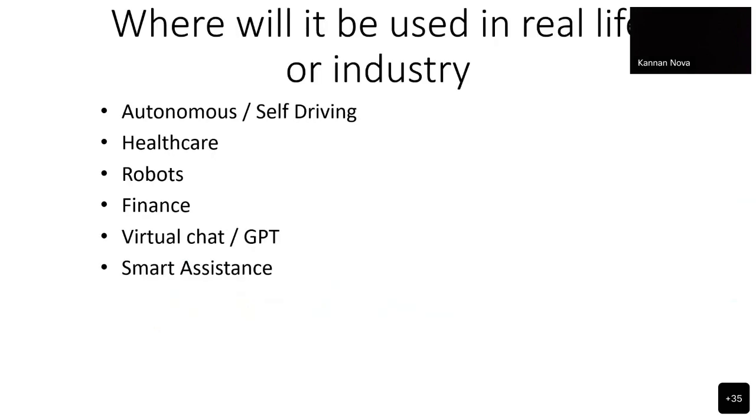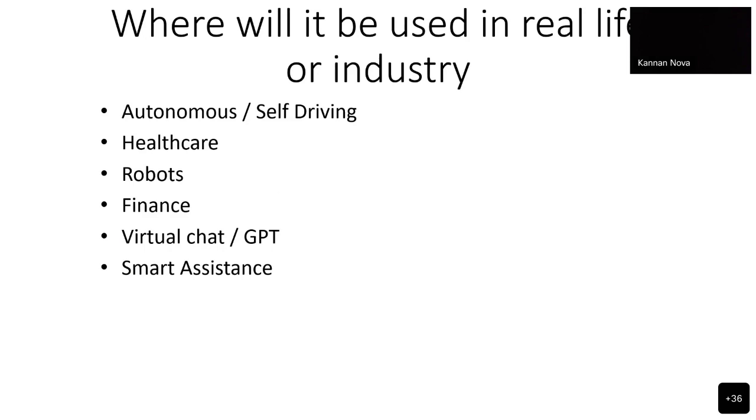So where are we using AI, ML, right? Most of the self-driving auto industry, and not only auto industry, any aircraft or a ship or even road transportation, any self-driving or autonomous driving.